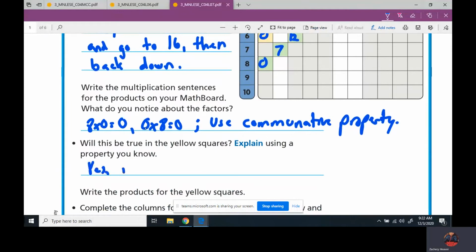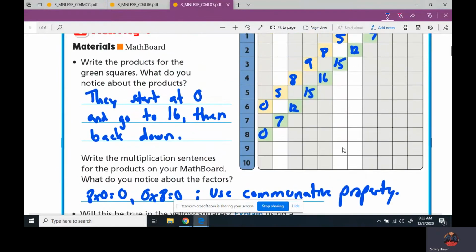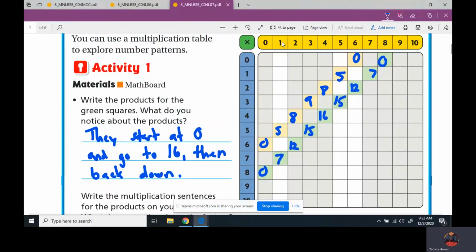Yes. It uses the commutative property. Because look, 5 times 1 is the same as 1 times 5 right here.